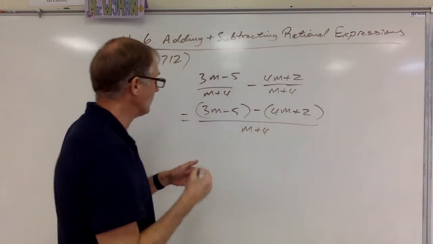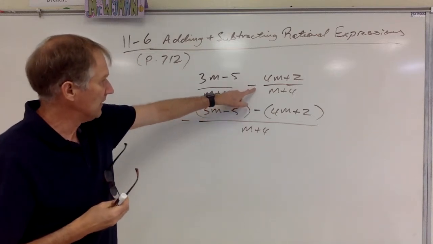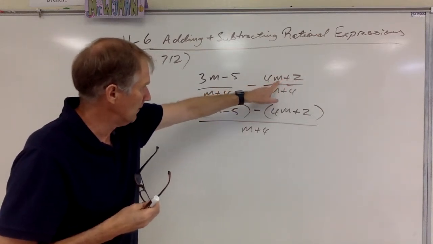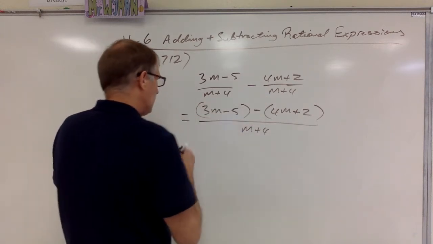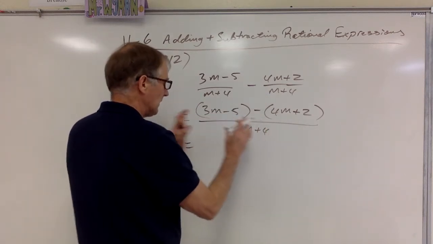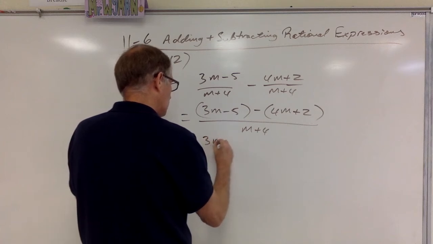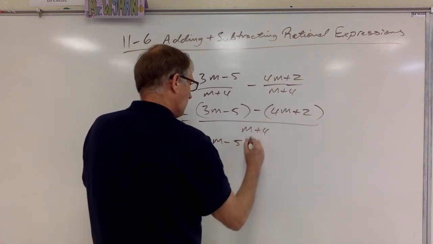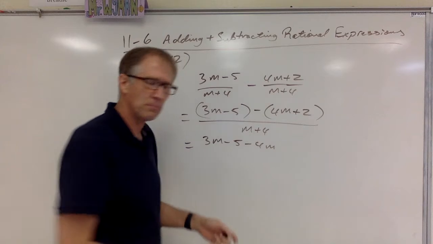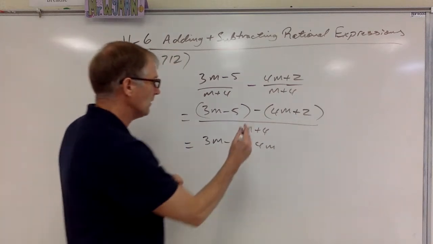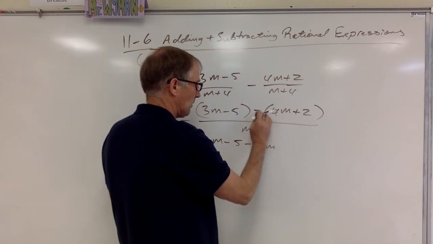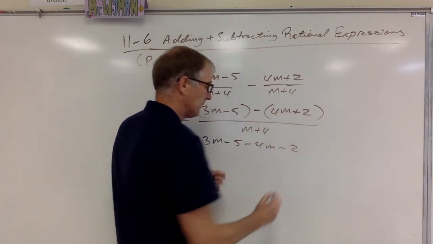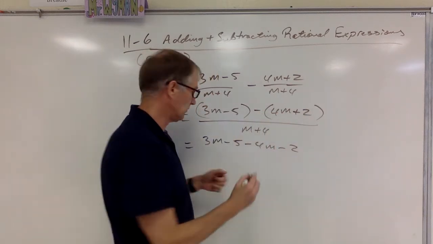And the reason why, remember, this negative sign applies to both of those up here, all right? Common denominator. So I'm going to end up with, now I can get rid of my parentheses, 3m minus 5 minus 4m, and this is the part that people mess up on all the time. Don't forget that negative sign applies to everything in the parentheses. Minus 4m minus 2. That's the biggest issue, that negative 2.